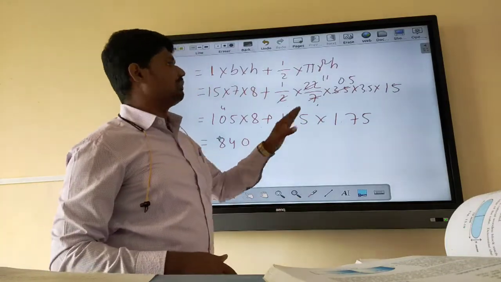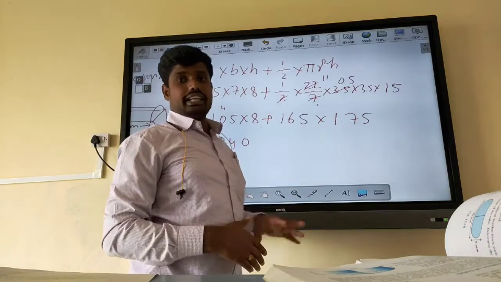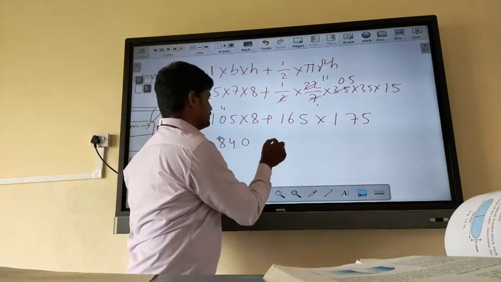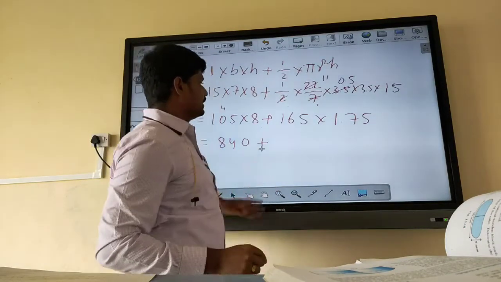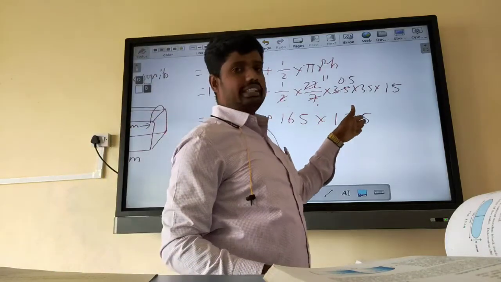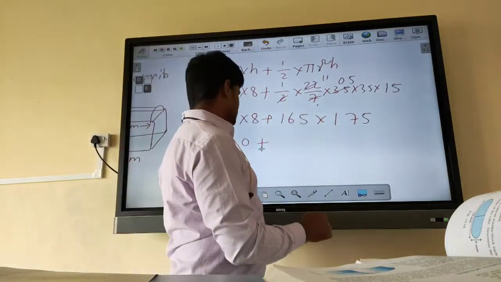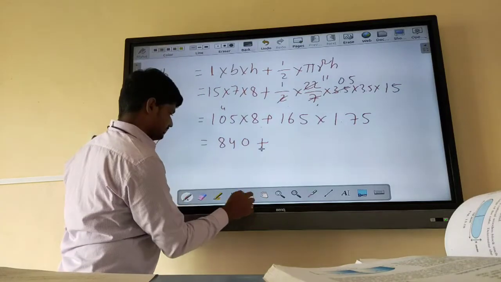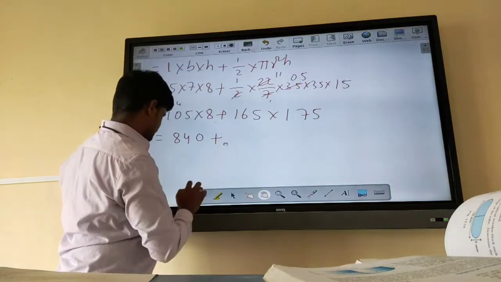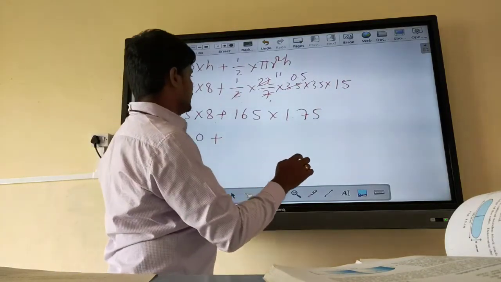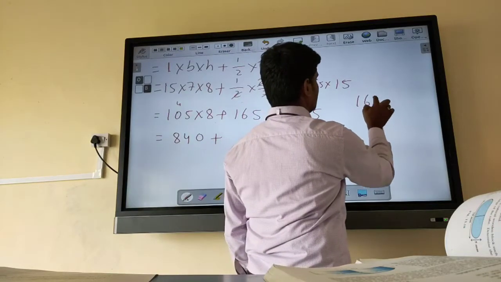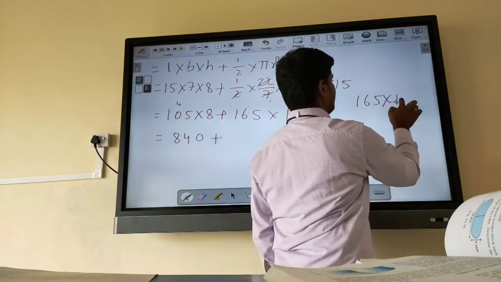Now find the volume of half of the cylinder. What is the volume of half of the cylinder? You should multiply 165 into 1.75. See, now simplify, children. 165 into 1.75.